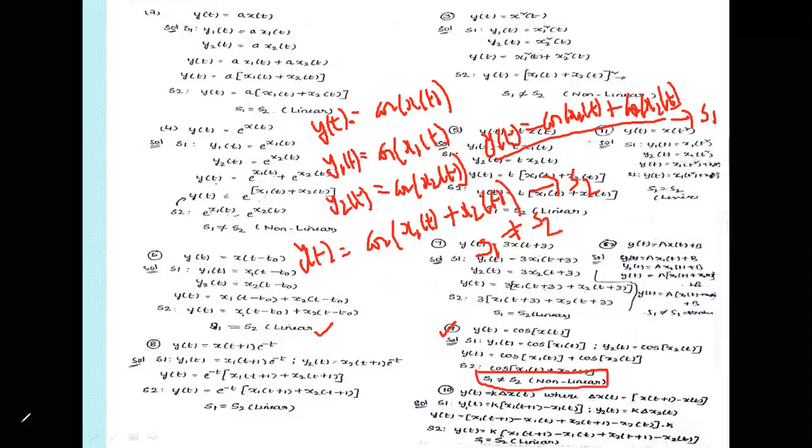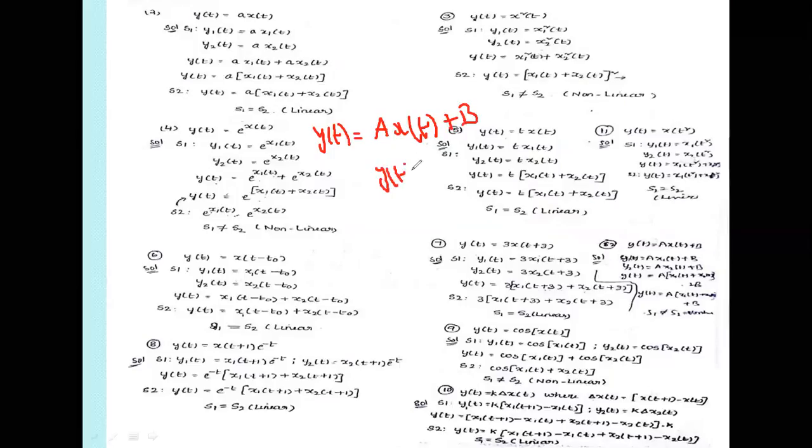What it matters, students? Then another example you can see here, y of t is equal to a into x of t plus b. So individually, the signal is passed to the system.